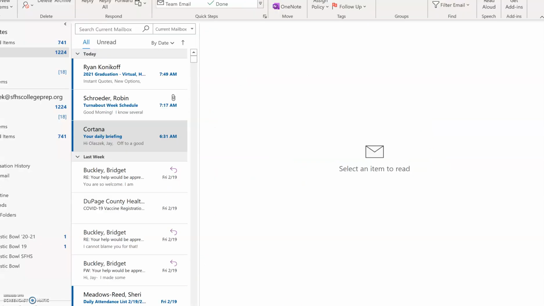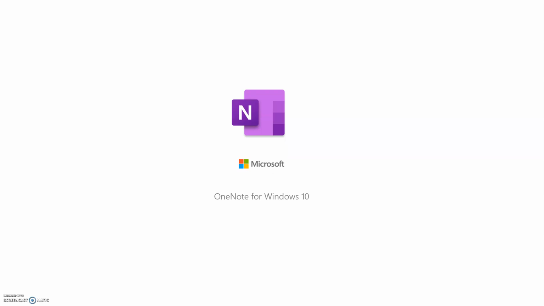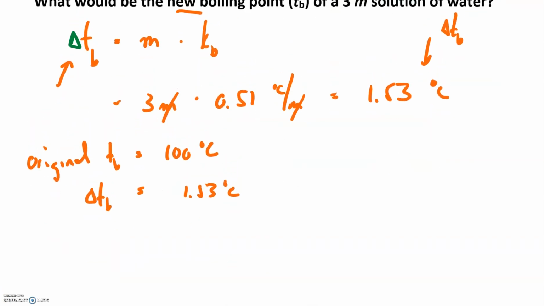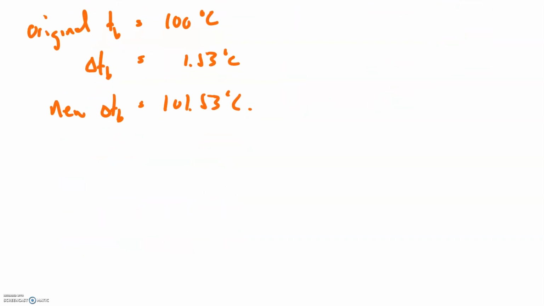Excuse me, I hit the wrong button. Oh no, Microsoft OneNote crashed on me. Interesting. Let me pause. There we go. So 1.53 degrees Celsius is our delta. What's our new TB? 101.53 degrees Celsius.